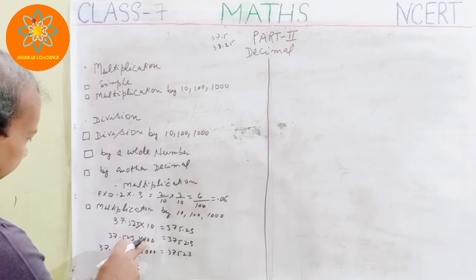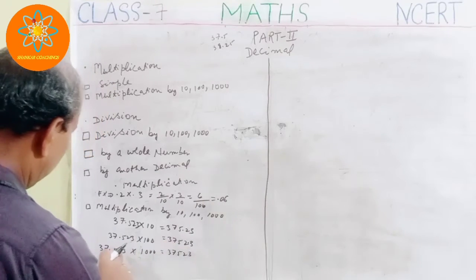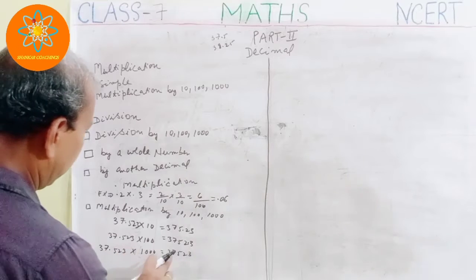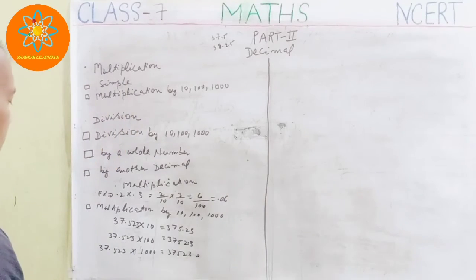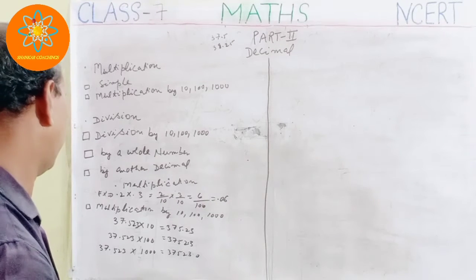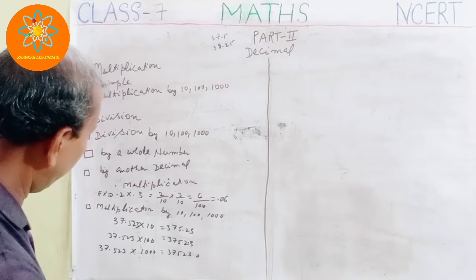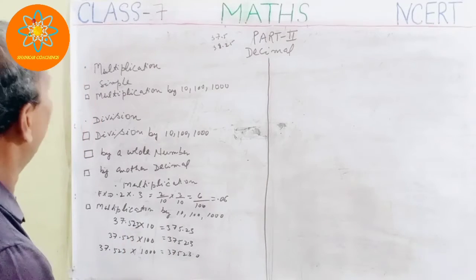Multiplying by 100, it is shifting two places, and multiplying by 1000 is shifting three places. So in decimal multiplication by 10, 100 and 1000, the decimal point is shifting to the right.